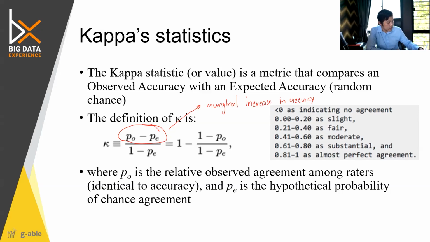And what does it mean by 1 minus PE? This is actually, if you think about it carefully, 1 is like the perfect classification. PE is the level that you expect to have. So 1 minus PE would be the gap that the model can reach.